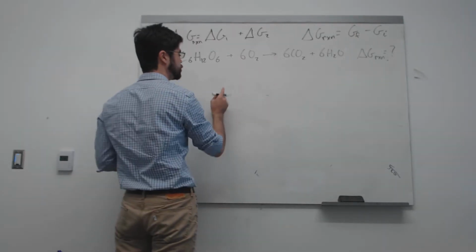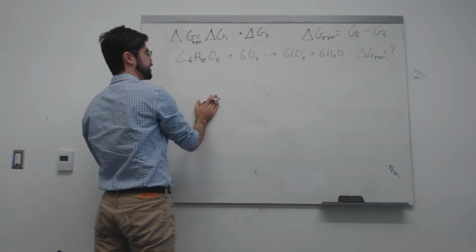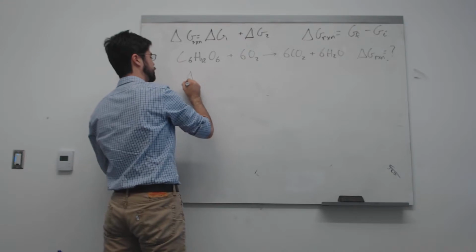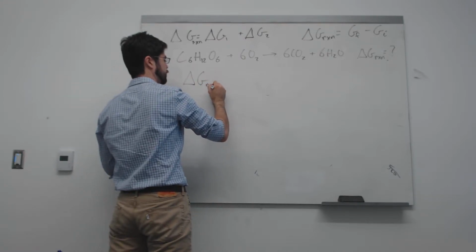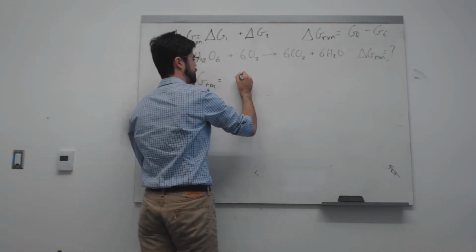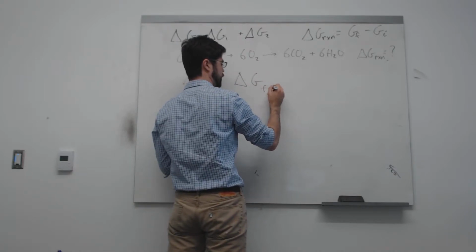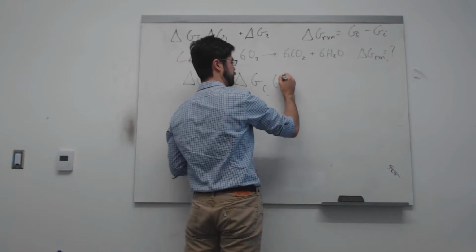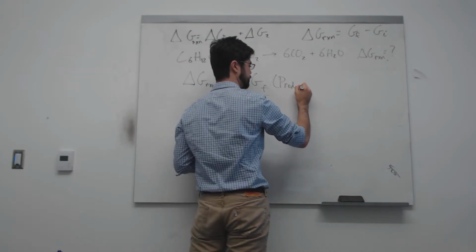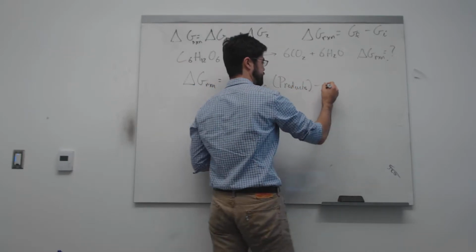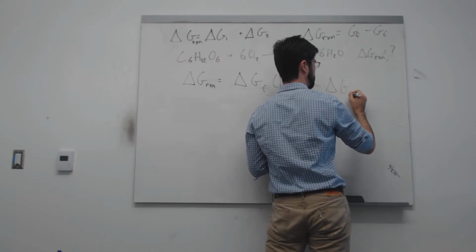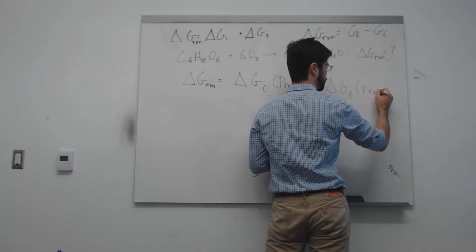I will tell you that you can calculate the free energy change for this reaction in terms of what I will call free energy changes of formation of your products minus the free energies of formation of the reactants.